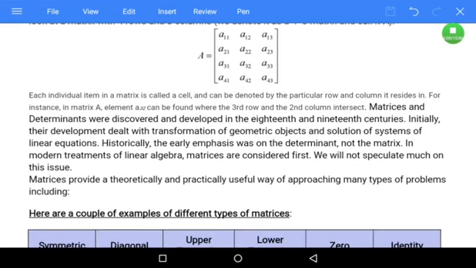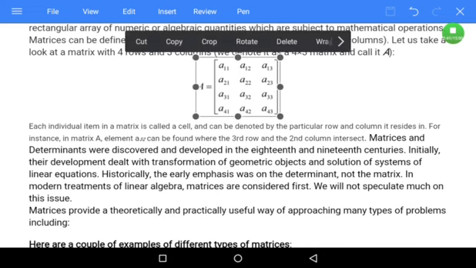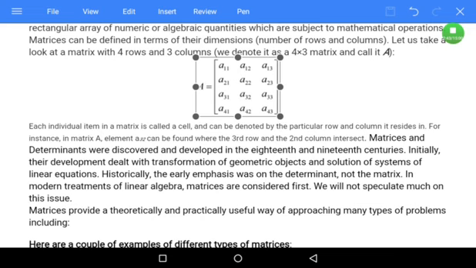Okay, now what do we call individual elements of a matrix? We call each individual item in the matrix a cell, and it can be denoted by the particular row and column it resides in. For instance, in matrix A, element A32 can be found where the third row and the second column intersect. If a number is at A33, what does that mean?